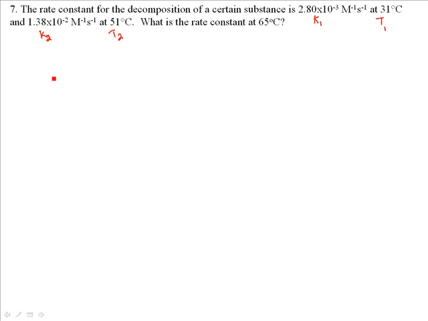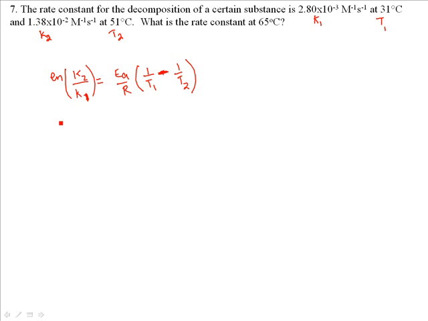Well, the first thing that should come to mind is this equation, ln(K2/K1) is equal to the energy of activation over R times (1/T1 minus 1/T2).